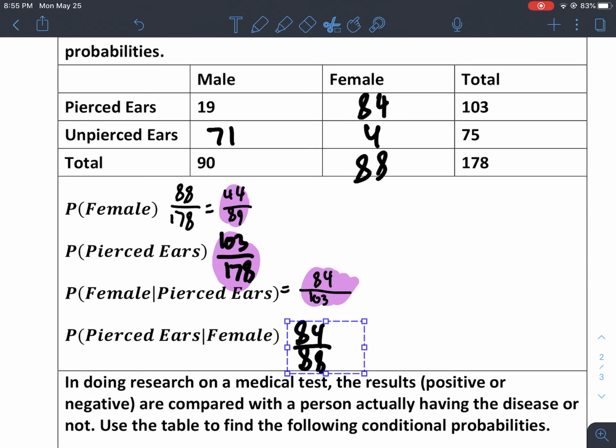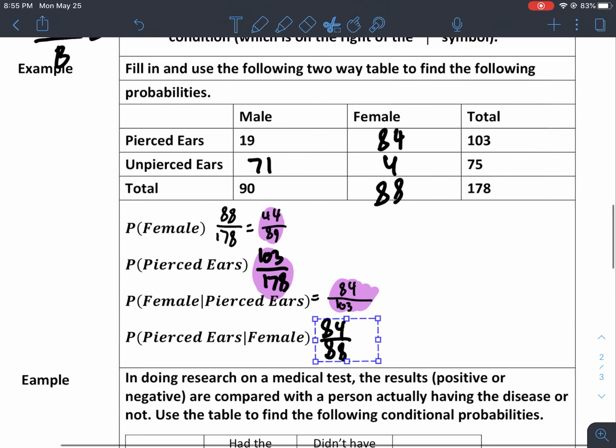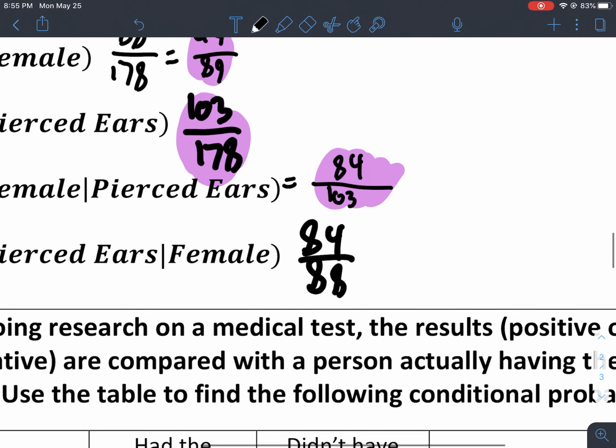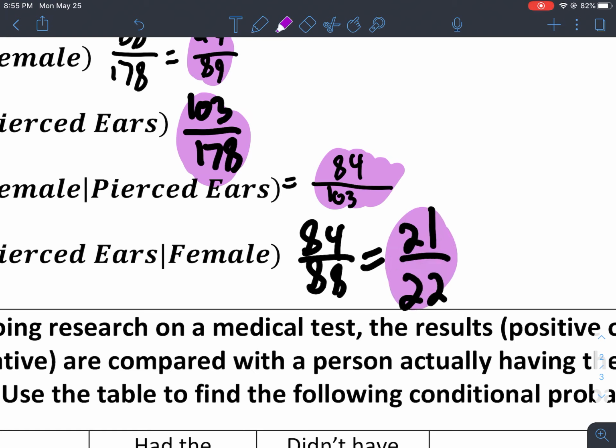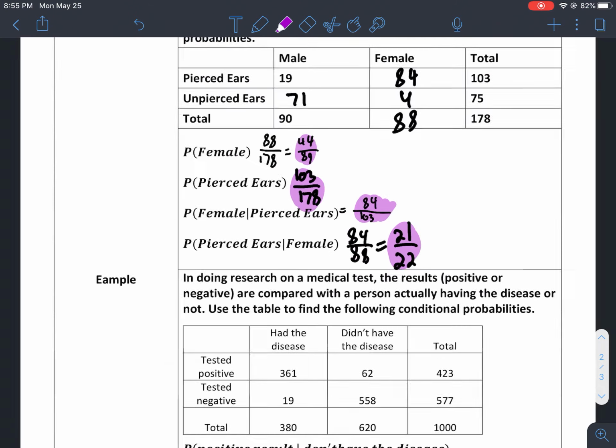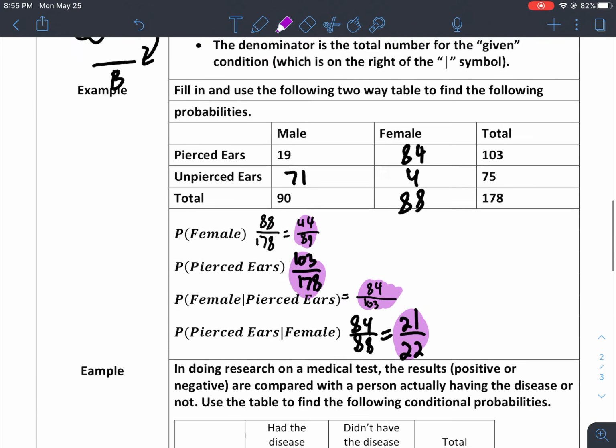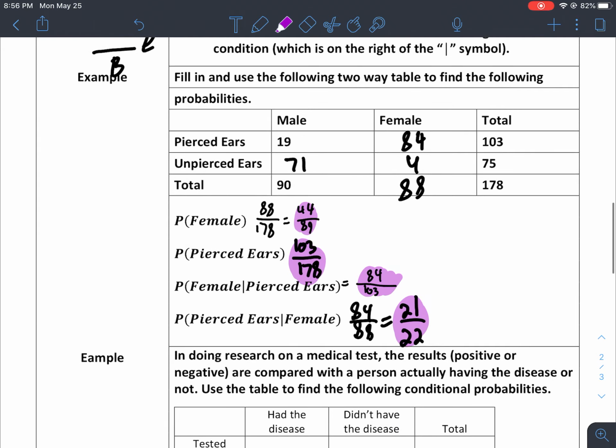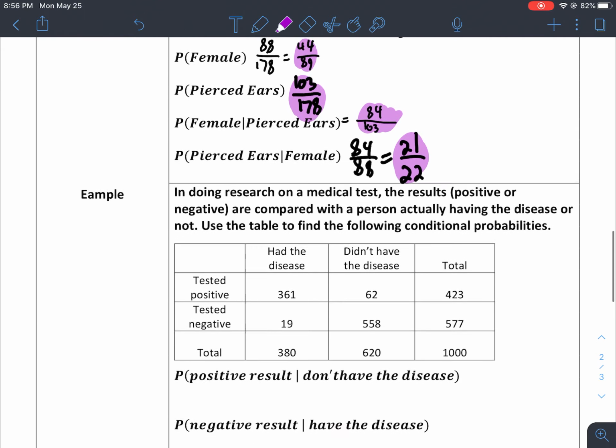So you divide those, then we seem to have a fraction to simplify. I can at least divide by 2. I think I can divide by 4. So that's going to be 21, that's going to be 22. And I think we're good. Simplified fraction. So that's our first example of conditional probability.